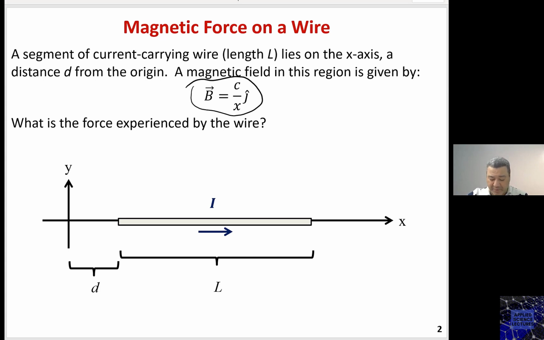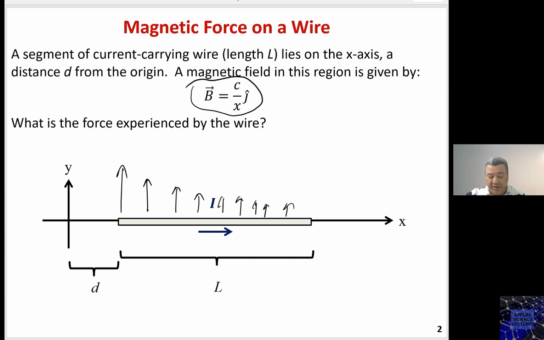Here, for example, we can see that the magnetic field along the length of this wire is decreasing. At every location on the x-axis the magnetic field is changing. It is inversely proportional to the distance x.